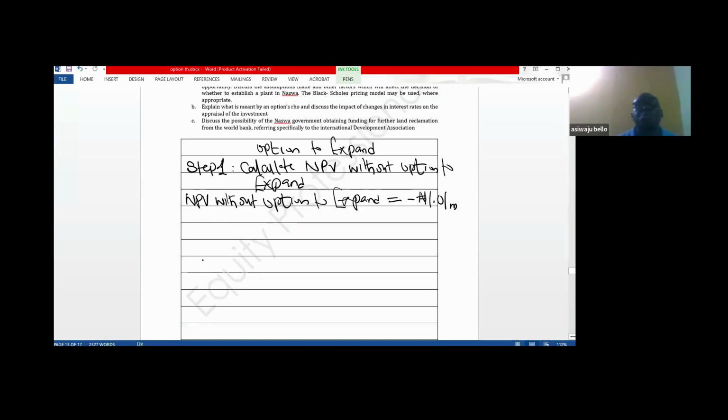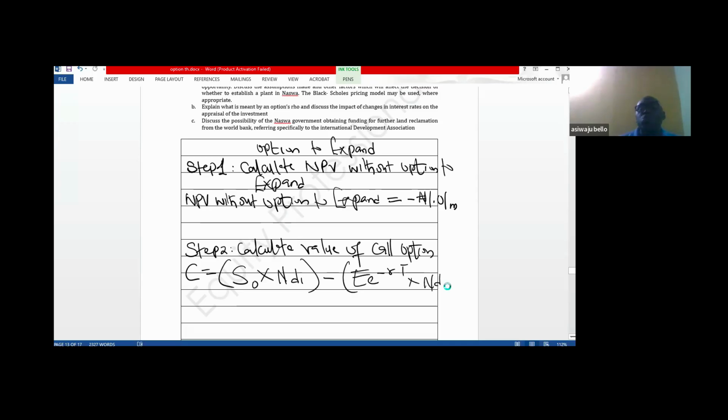Step 2: Calculate value of call option. State the formula: XO multiplied by N(d1) minus E exponential minus RT multiplied by N(d2).